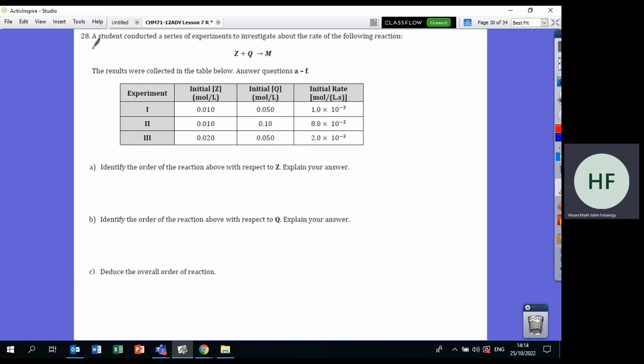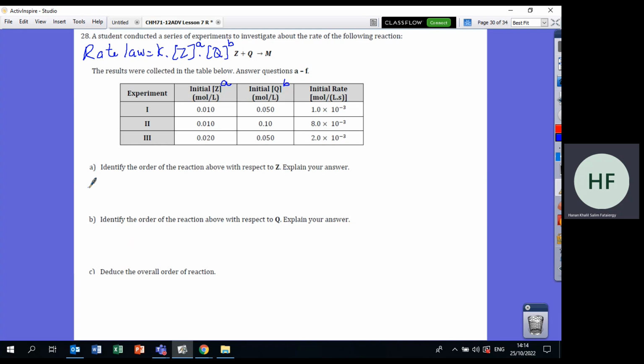Now according to this, the rate law is equal to K times Z power A, which I don't know, times Q power B, which also I don't know. So Z is A and Q is B.